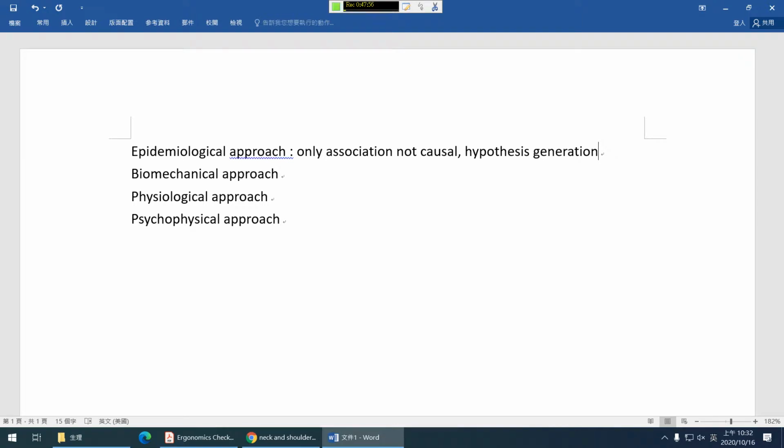What we have to do is bring people into the laboratory and ask them to do the job, the task that you consider bad, that you suspect, because that's your hypothesis. So you generate the hypothesis first.